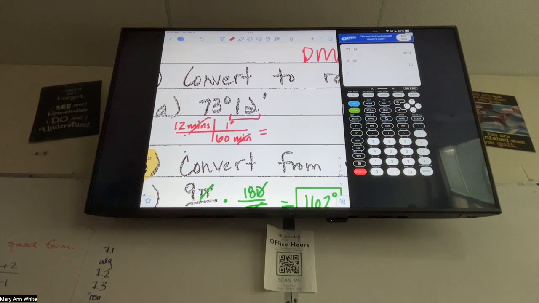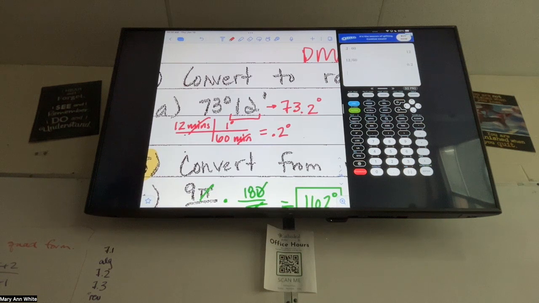So we'll get rid of the minutes and divide by 60. 0.2. Again, if we had seconds, we'd have to do the seconds divided by 3,600, but we don't have any this time. So 73.2 is my degree.